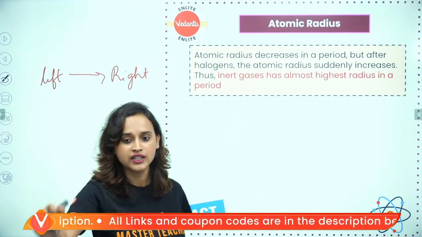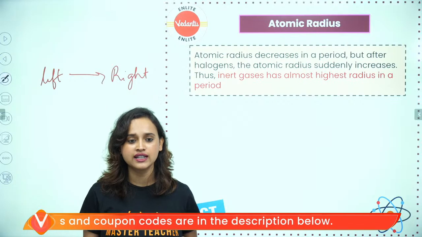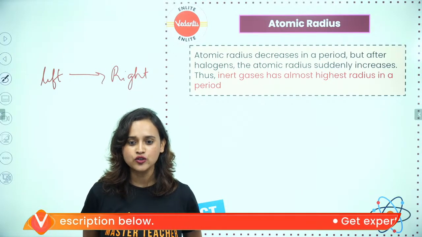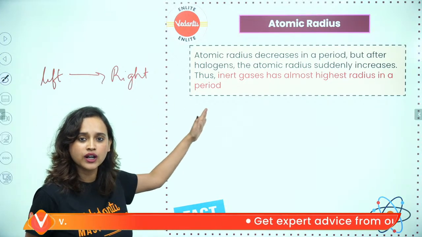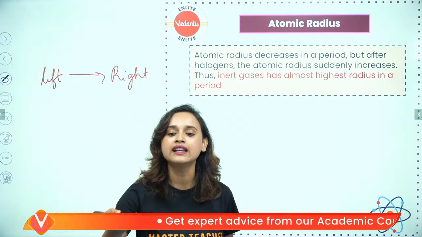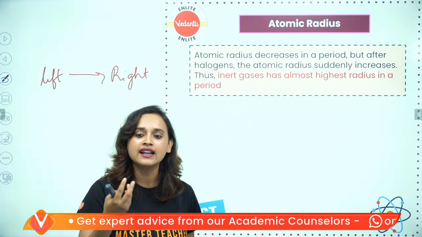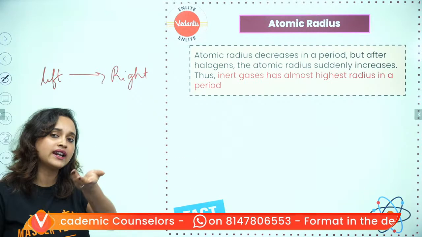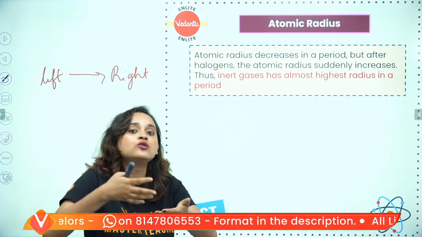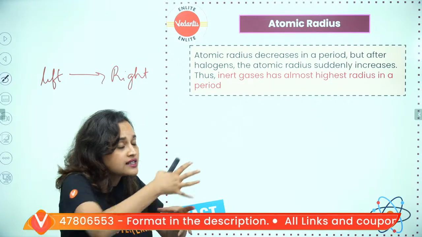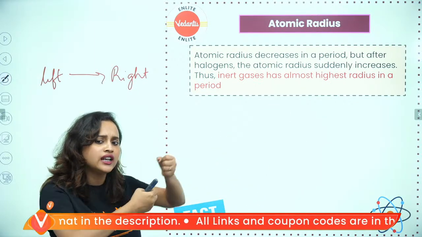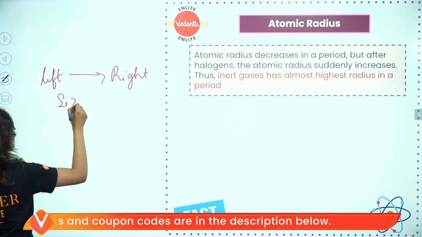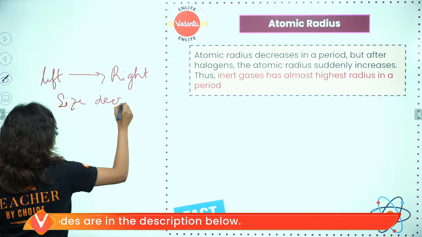The size decreases, correct? Why does the size decrease? Effective nuclear charge increases, so the nucleus is able to pull the electrons very strongly.